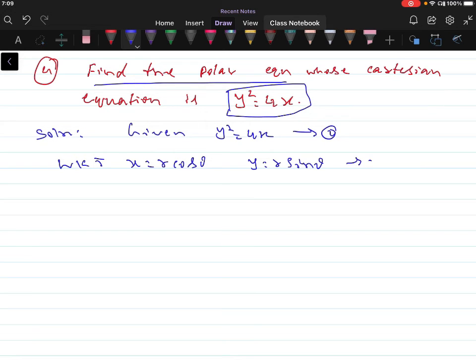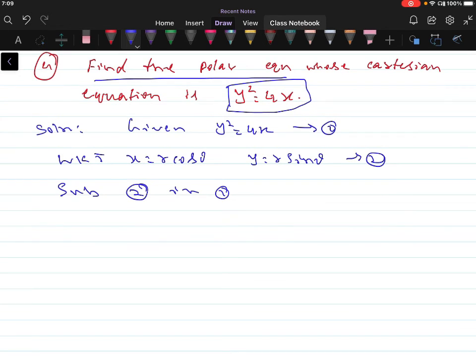So that is equation 2. These are the Cartesian coordinates in terms of polar. Now let us substitute equation 2 in 1, we get where y is equal to r sin theta, whole square is equal to 4 times r cos theta.